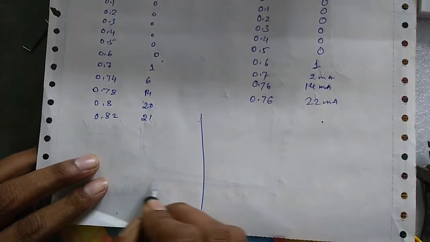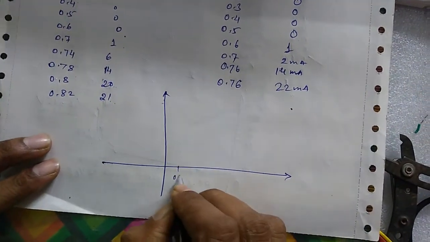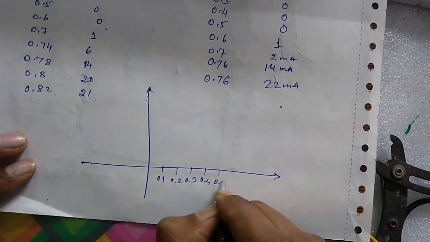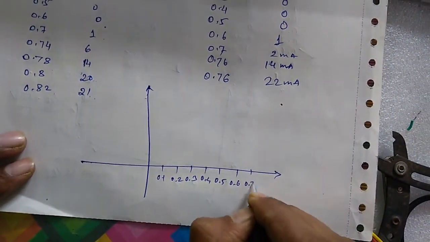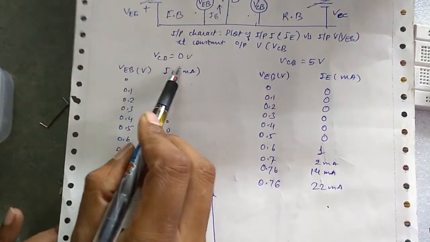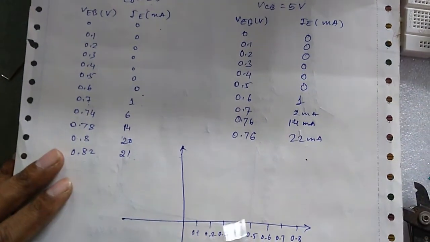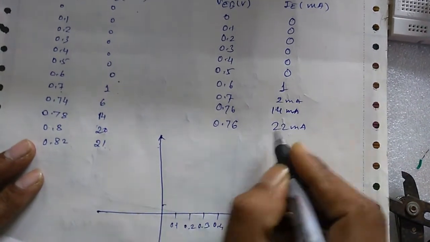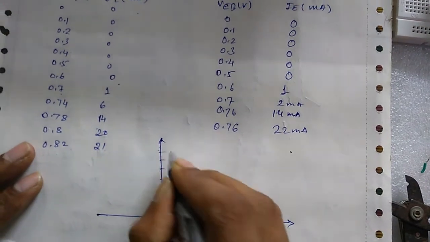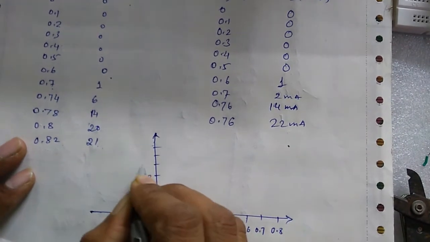Now let us draw the characteristics for forward bias. 0.1, 0.2, 0.3, 0.4, 0.5, 0.6, 0.7 and 0.8. First condition, VCB equals 0. For 0.7 volts the current is 1. Maximum current is 22. So 5, 10, 15, 20, 25.